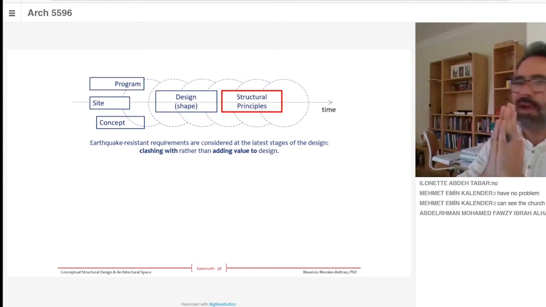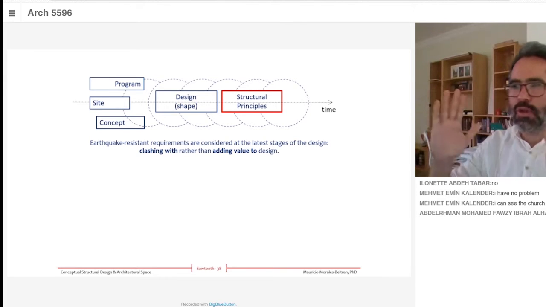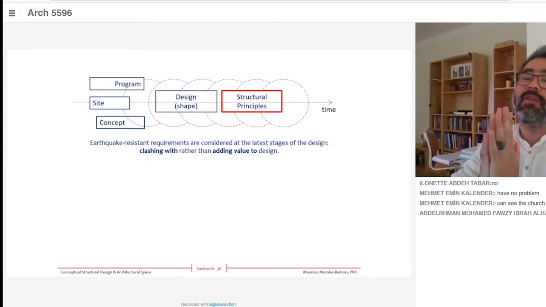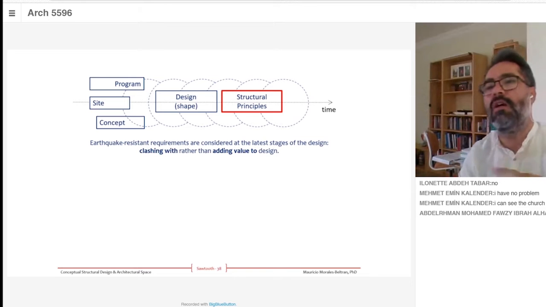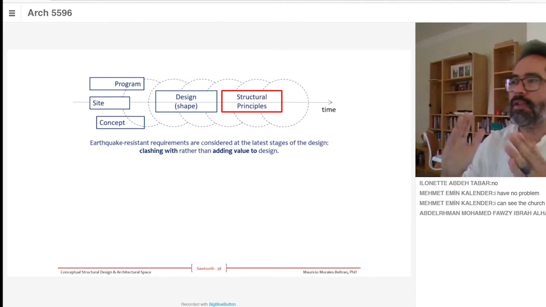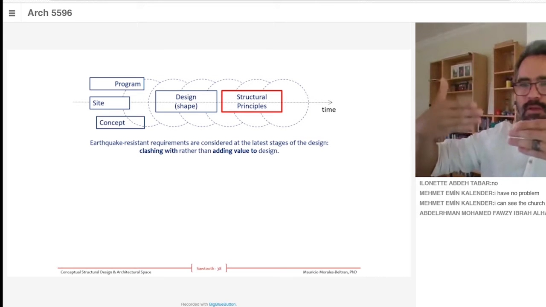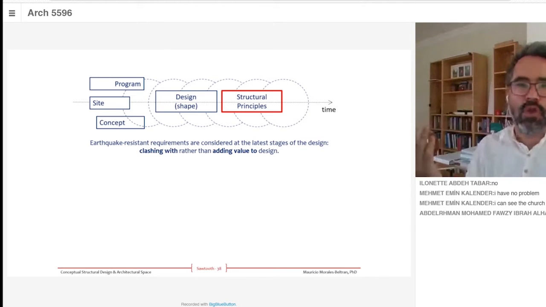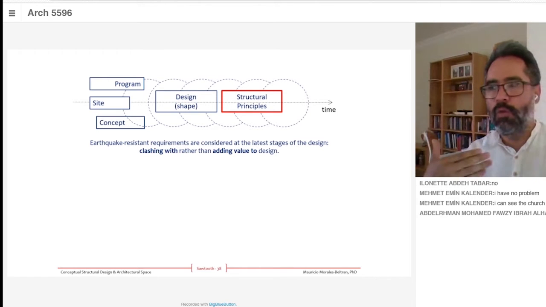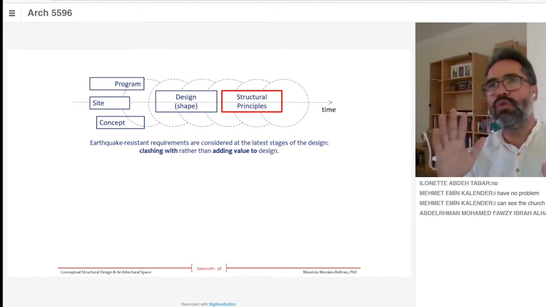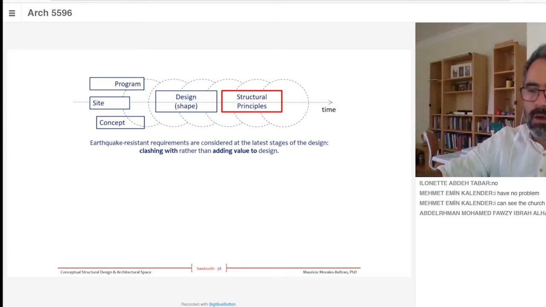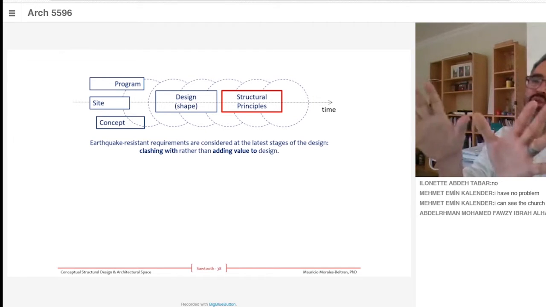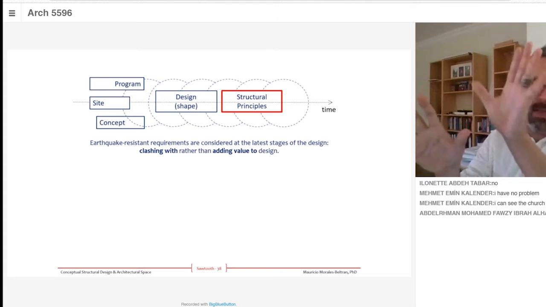So the only thing you're going to obtain with that approach is a conflict between seismic design principles and the design idea. And you have to compromise. And compromise means that either you neglect earthquake principles, or you neglect the design idea. And because the students were in panic, they neglected the design ideas, and then they started doing things like boxes.